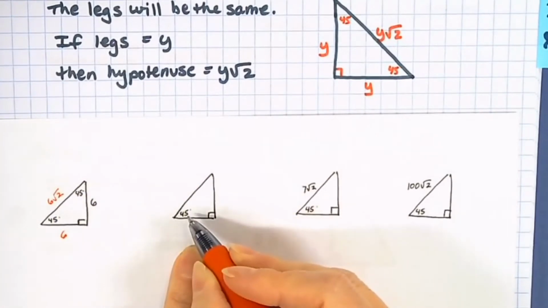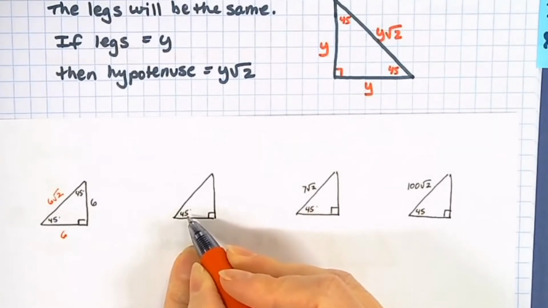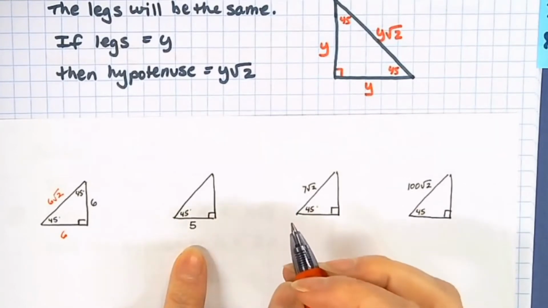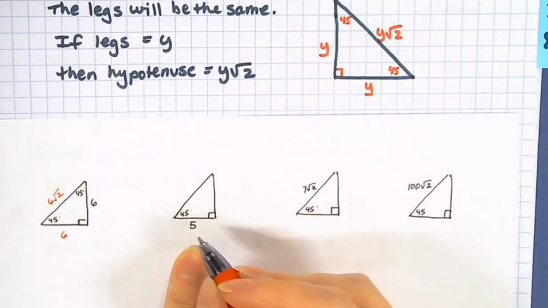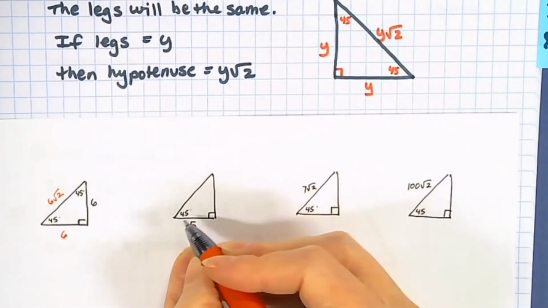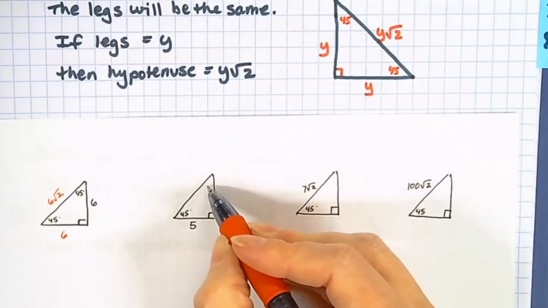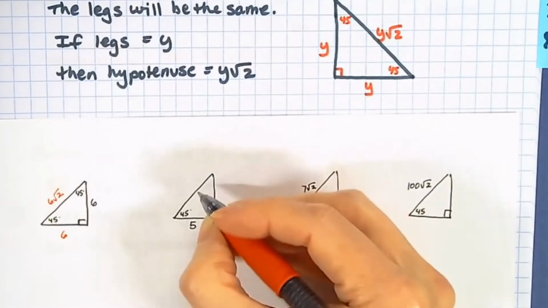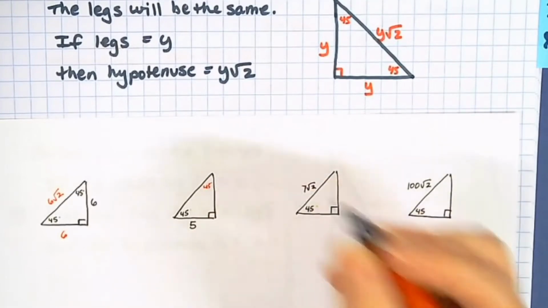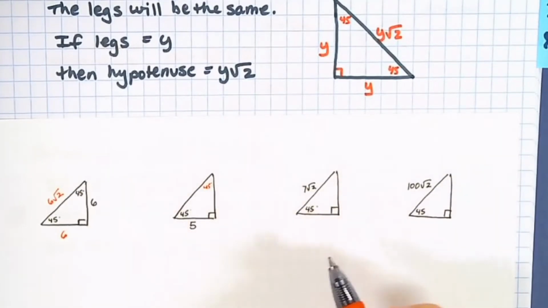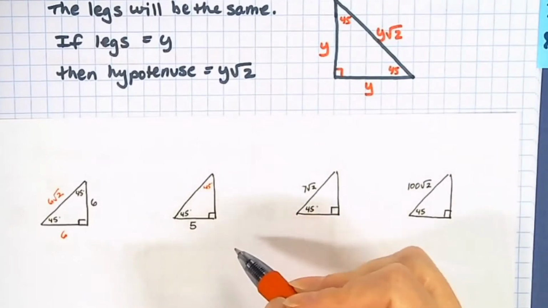In this case, I'm only given one angle that's labeled as 45, but we can do the math on it. And since the angles of a triangle add up to 180, this other angle would also have to be 45. And if two angles of a triangle are equal, then the sides opposite them are equal.